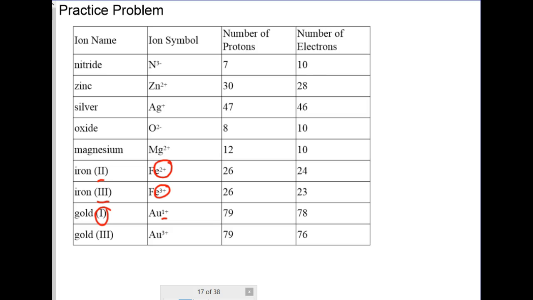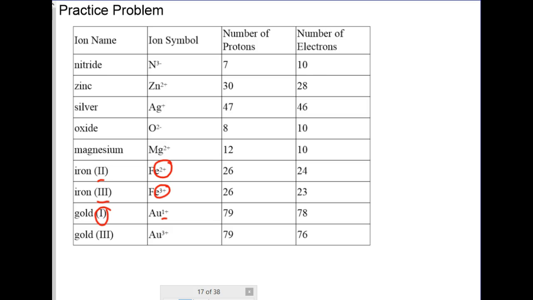It used to be that instead of using Roman numerals, we would use Latin names. So instead of saying copper 1, we would either use cuprous or cupric, depending on if we wanted the larger charge or the smaller charge.